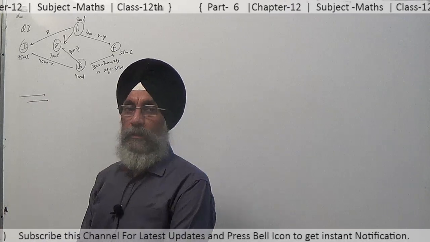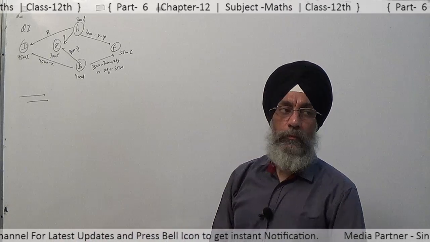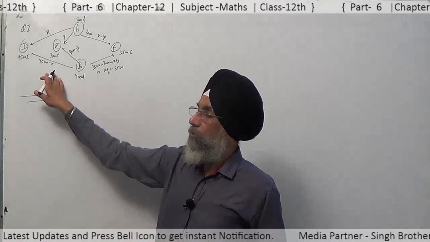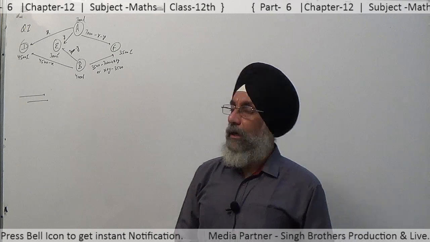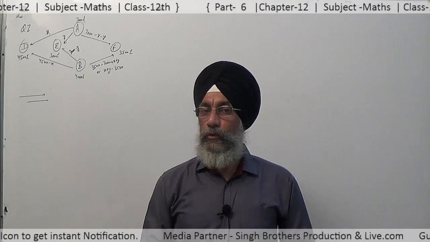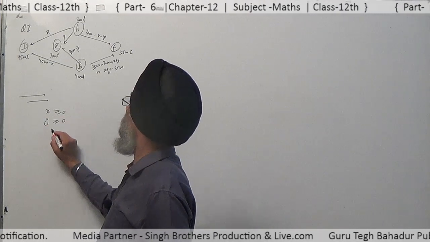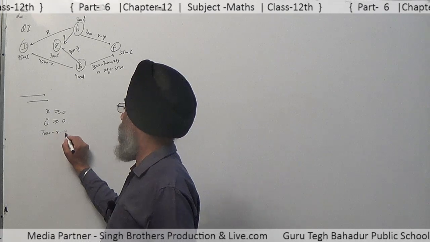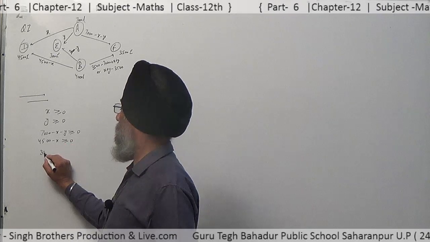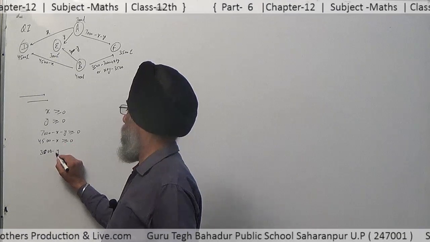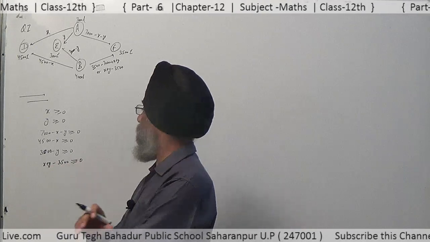We will mention that X liters are supplied from A to D, Y from A to E, and 7,000 minus X minus Y from A to F. Similarly from B, 4,500 minus X to D, 3,000 minus Y to E, and X plus Y minus 3,500 liters of petrol to F. These are all the constraints: X is greater than or equal to 0, Y greater than or equal to 0, 7,000 minus X minus Y is greater than or equal to 0, 4,500 minus X is greater than or equal to 0, 3,000 minus Y is greater than or equal to 0, and X plus Y minus 3,500 is greater than or equal to 0.